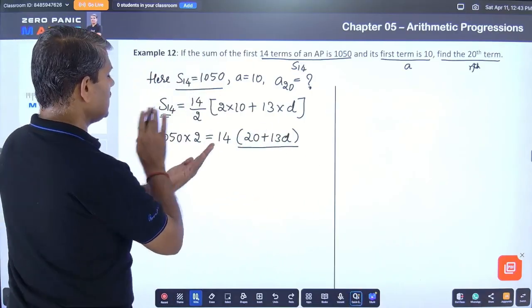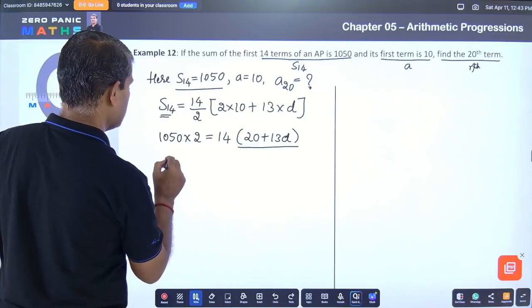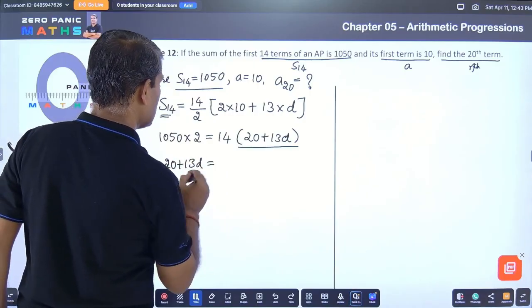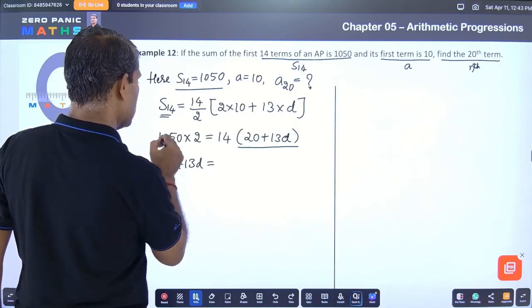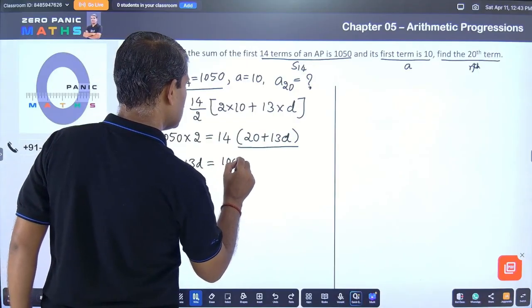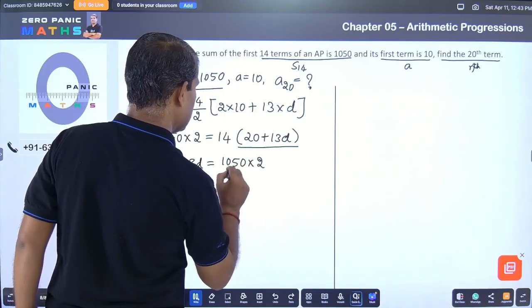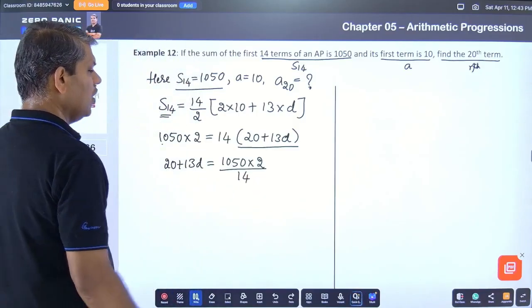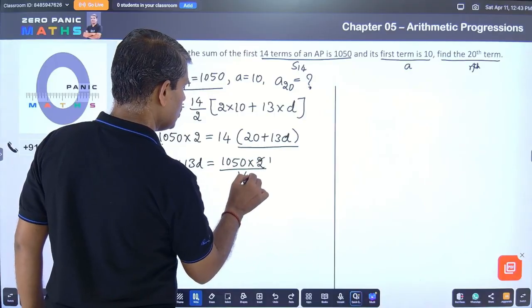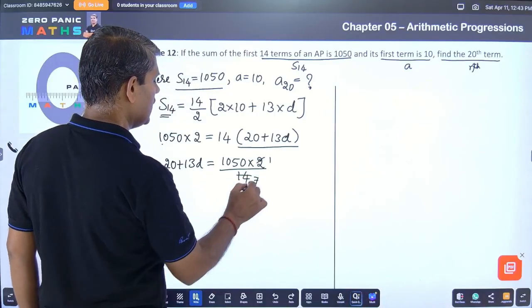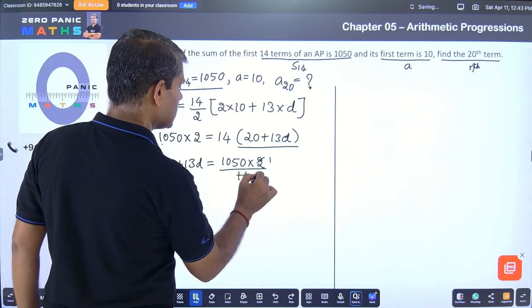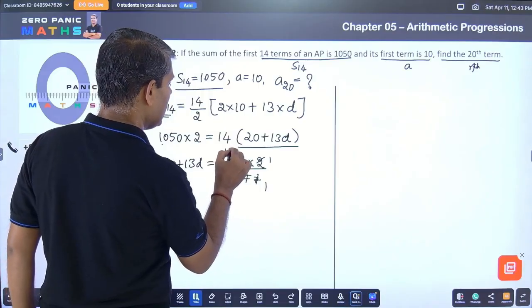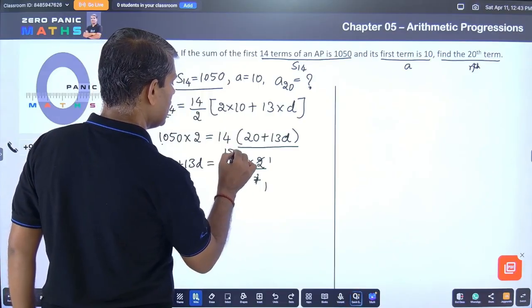First, I will just swap this to make it simple. It is 20 plus 13d is equal to, I will take 14 also below, 1050 into 2 divided by 14. Two sevens are 14, and 7 ones are 7, 3 remains here, 7 fives are 35, and it is 150.